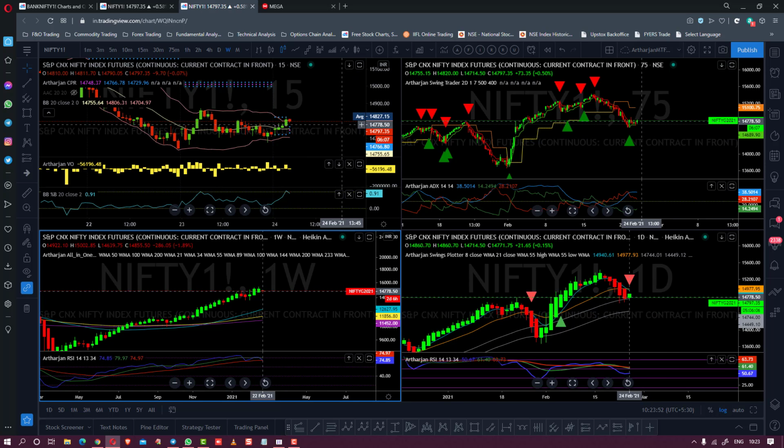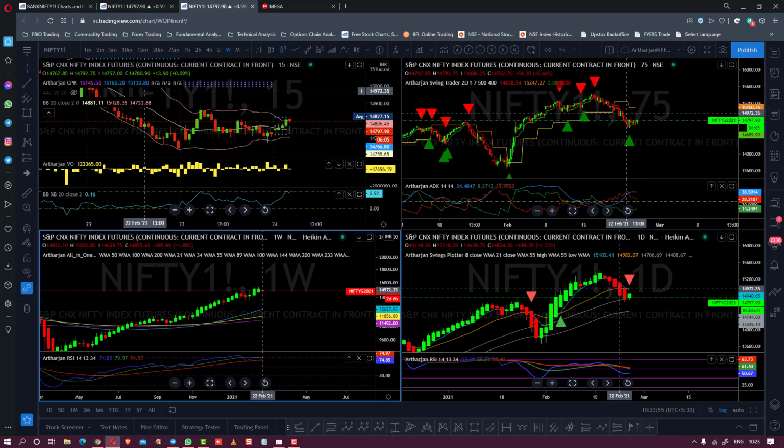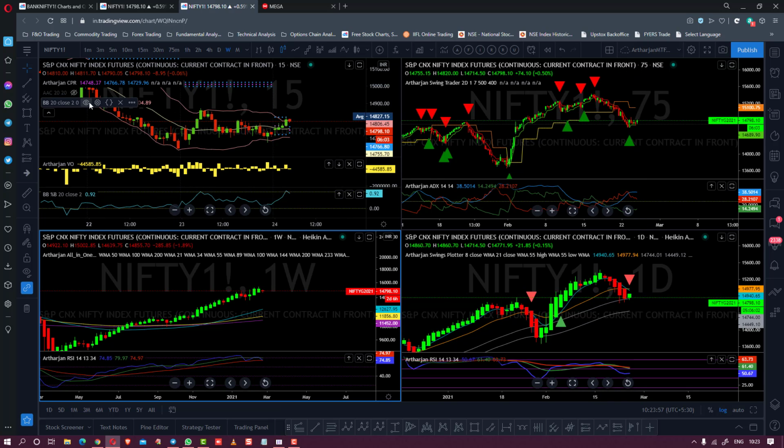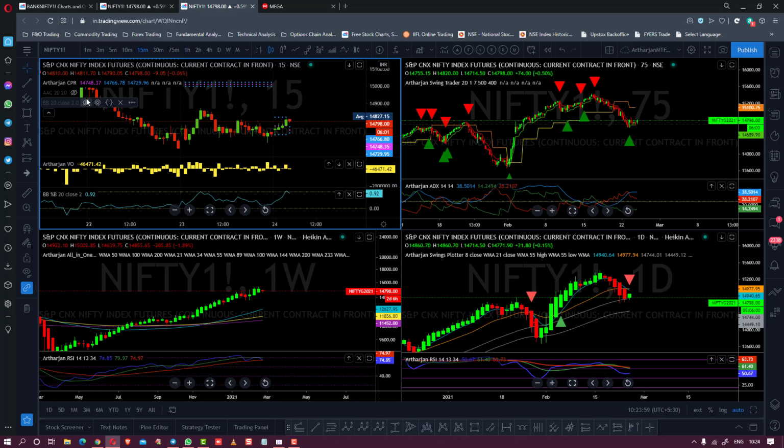Okay, one more thing I wanted to highlight is that besides this Bollinger Band, you can unhide this Bollinger Band, and whenever the entry gets triggered, you can activate this Artharjan ATR channel indicator.